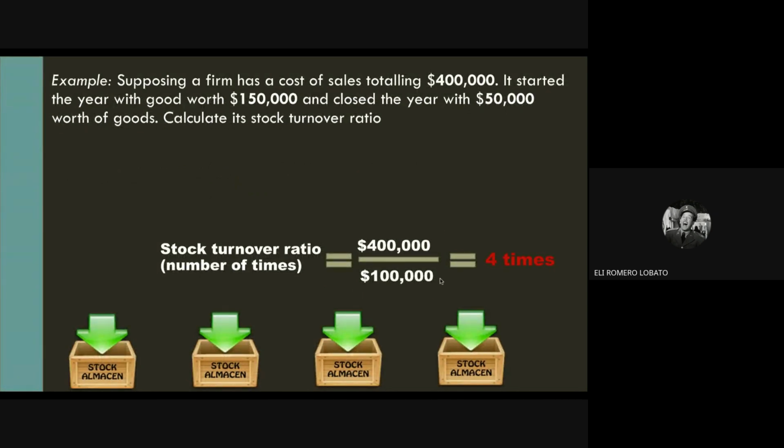And when we divide this, we get 4 times. What does it mean? Four times during the whole year, the 365 days of the year, the enterprise is going to restock the depot. 1, 2, 3, 4 times.